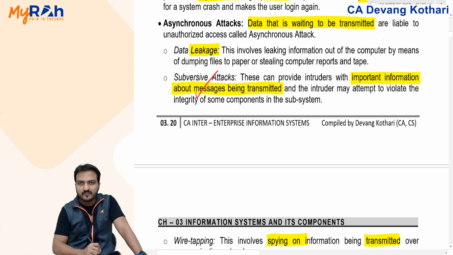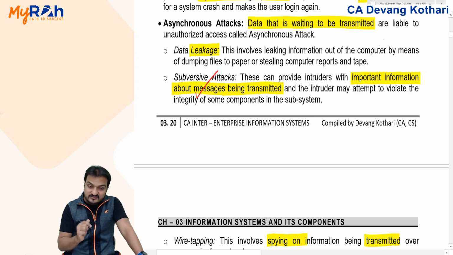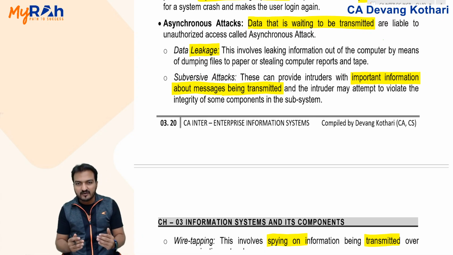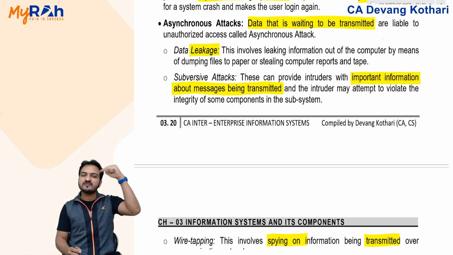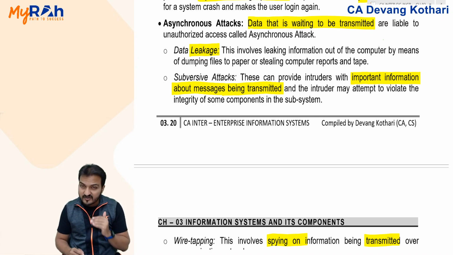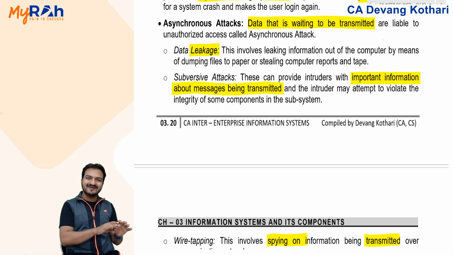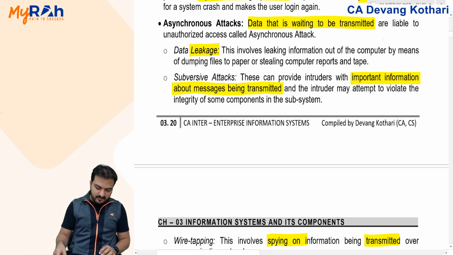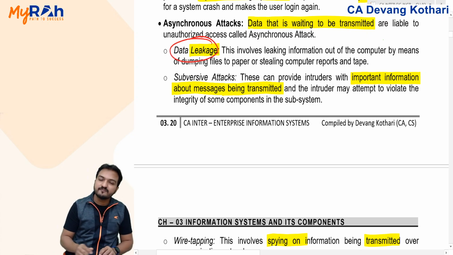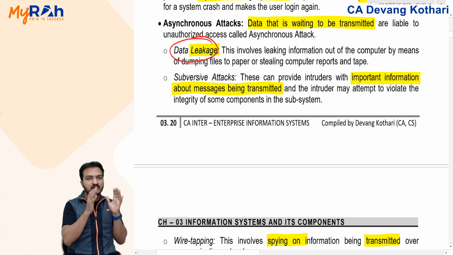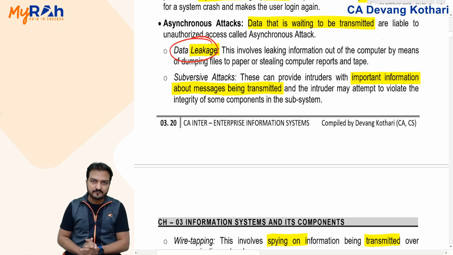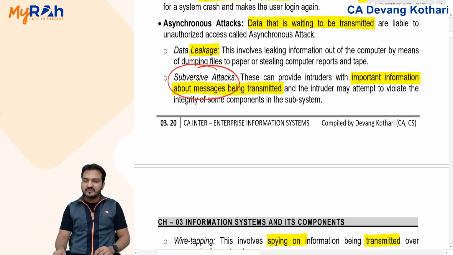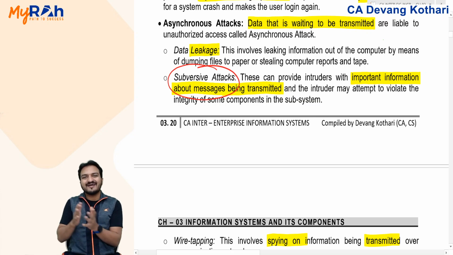Subversive attack is a little different. Subversive attack means that the data itself is not leaked, but information about the data is leaked. For example, if I am transmitting my credit card number, then data leakage would mean that my credit card number itself is leaked to the hacker. But subversive attack means that the data itself does not get leaked.